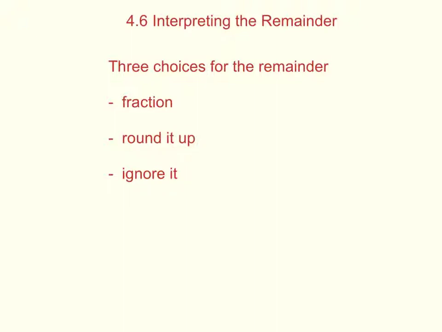We needed another bus, so the remainder wasn't enough to fill another bus, but we brought another bus anyway, so that rounds it up. Or on the last one with the Justin Bieber concert, we just ignored the remainder. We couldn't buy another ticket, and so there's no need to keep it. Like I said, you could buy some popcorn at the concert. So those are the 3 things that you can do with the remainder.